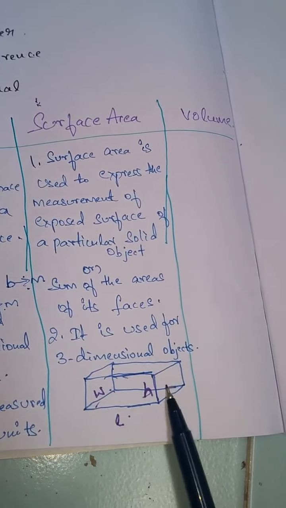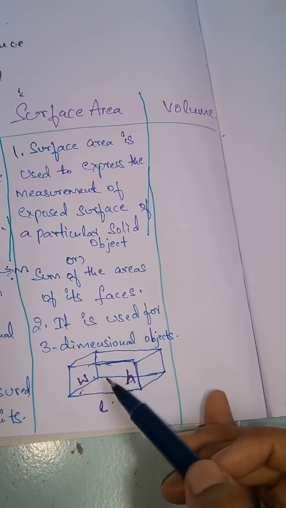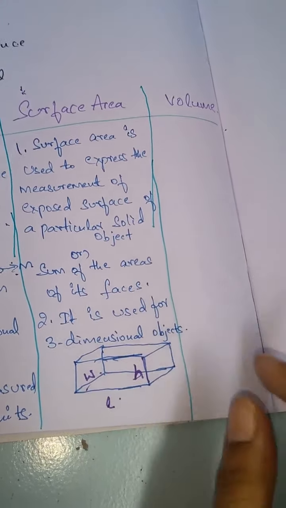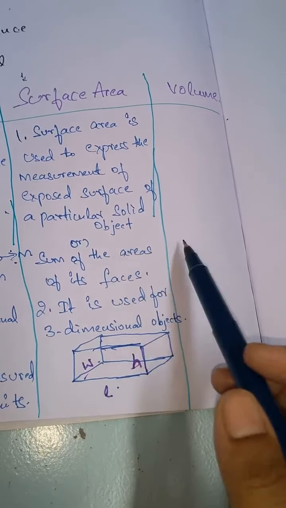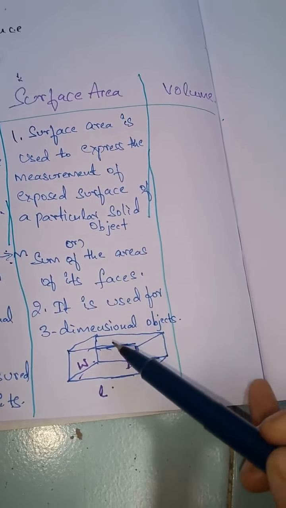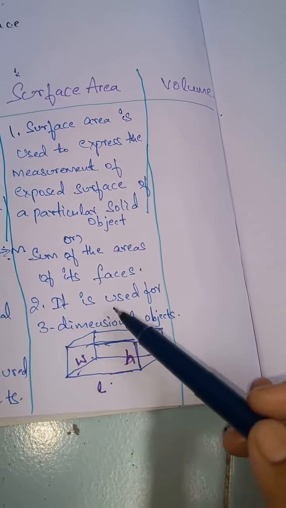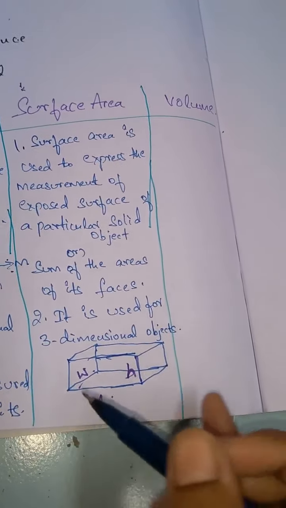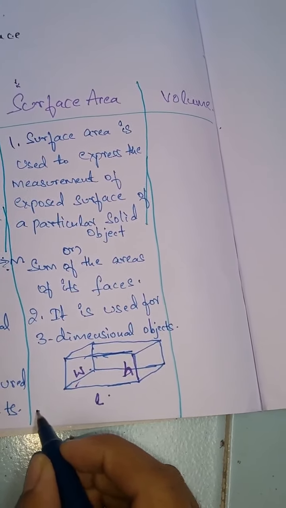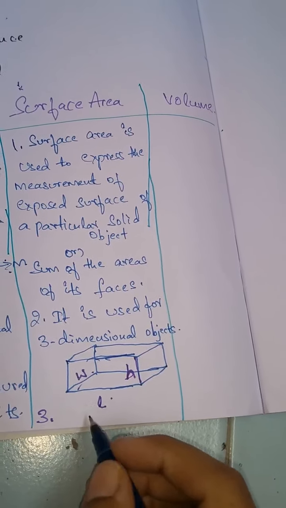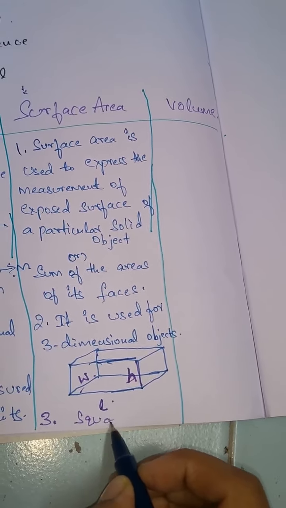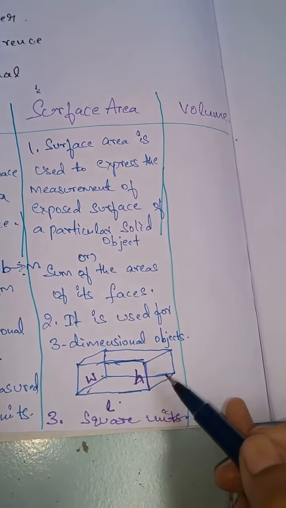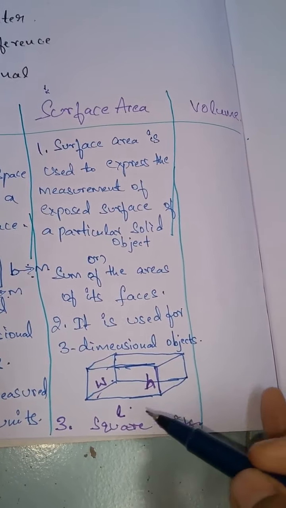Here this is a three-dimensional object. These faces mean 1, 2, 3, 4, up and down. So total 6 faces. So the sum of the areas of the 6 faces becomes the surface area of this three-dimensional solid object. The units are expressed here also in square units only, because here also only the area is measured. So units are in square units.